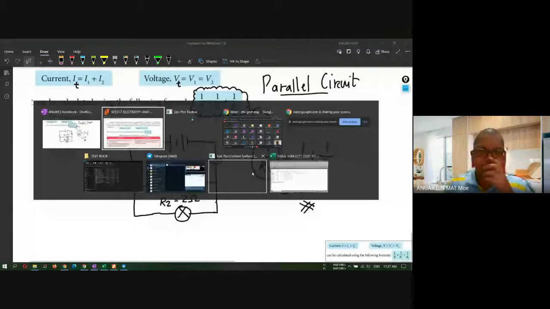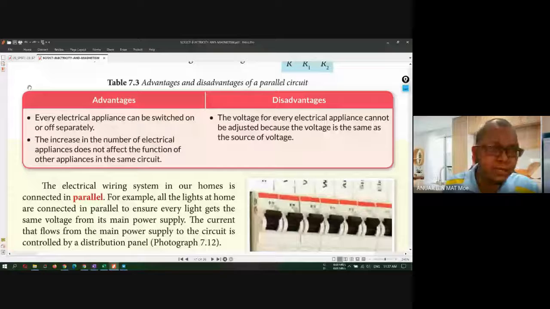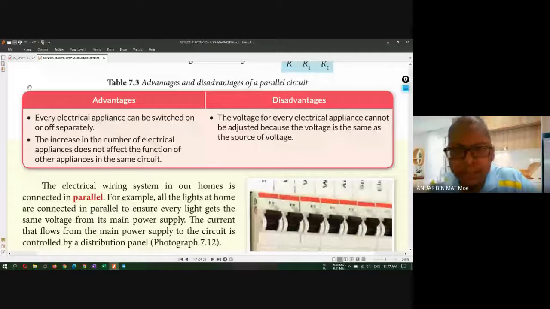So, advantages and disadvantages of a parallel circuit. Again, advantages and disadvantages of a parallel circuit.